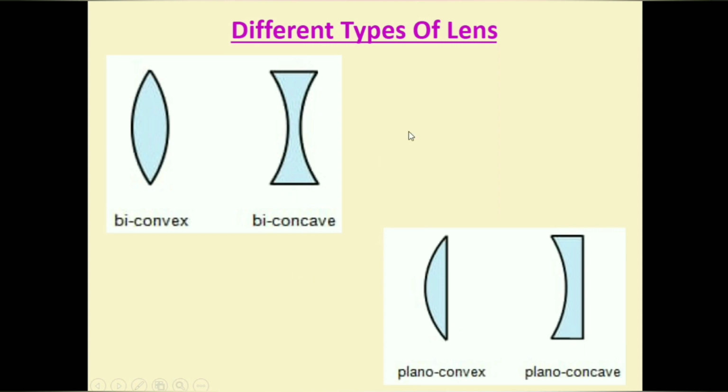So these are the different types of lenses. And also there are so many different types of lenses. But for your syllabus, we can concentrate only on biconvex lens and biconcave lens, or simply we can call it as convex and concave lens.